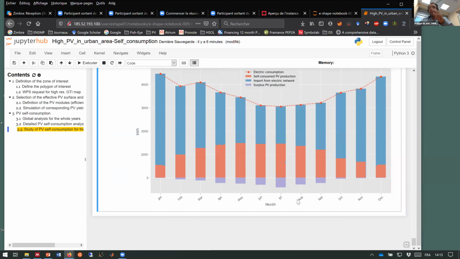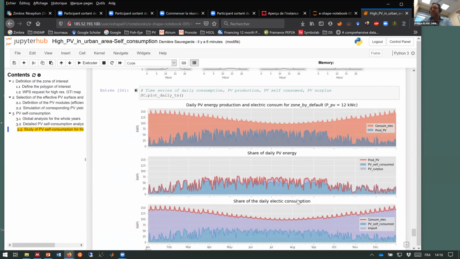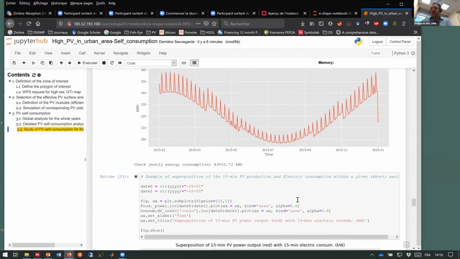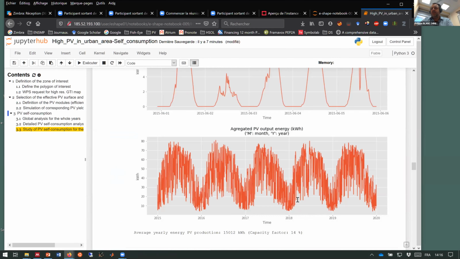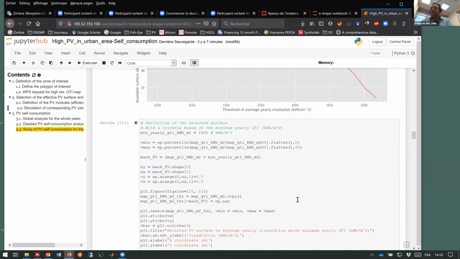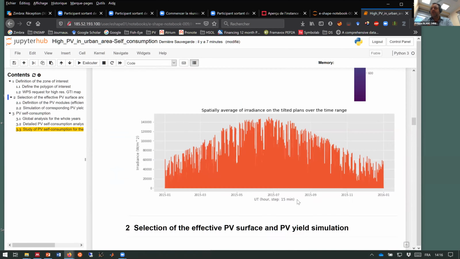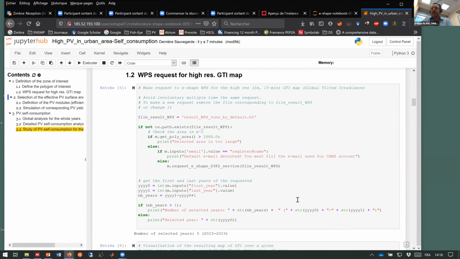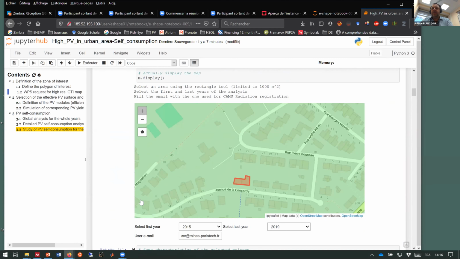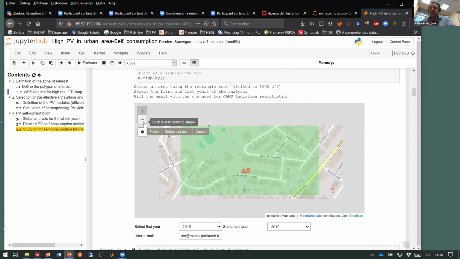Okay, so I have passed through the whole notebook, and I want to finish with an example of selecting a polygon, if you want to do your own simulation on the place you want. So I can restart here. I am here and I want to select one polygon. So I can change the place completely.